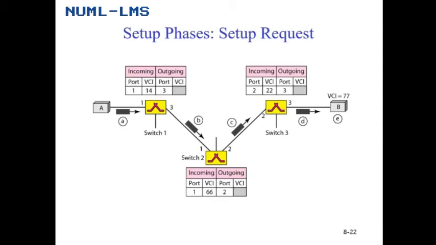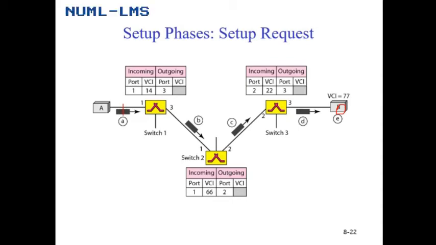We send a packet that sets up the route from A to B, and B will send an acknowledgement frame back to station A to create a link.